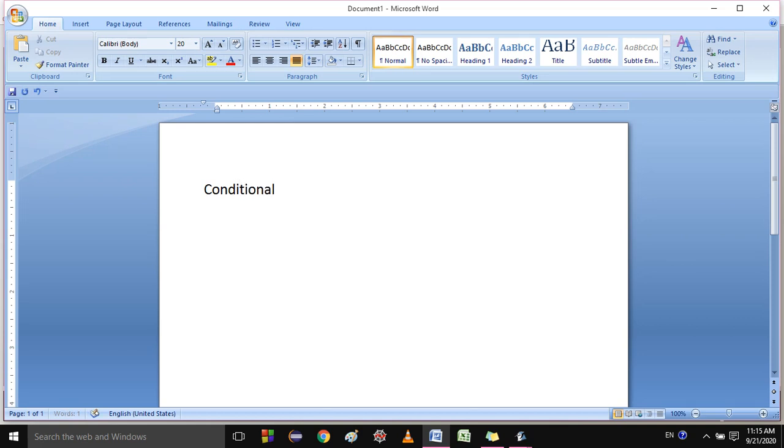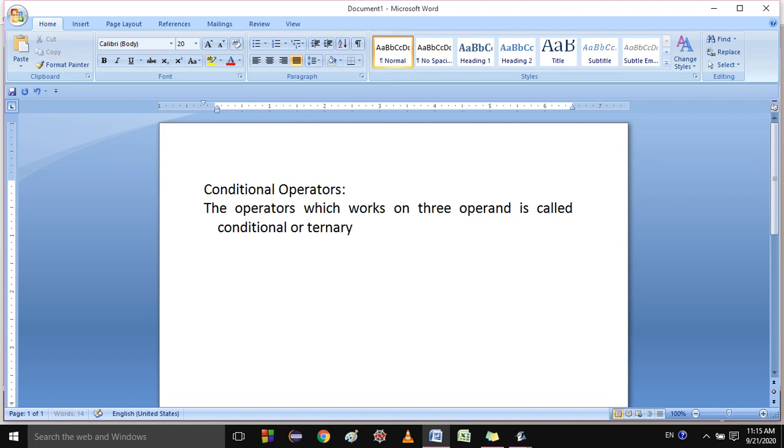It is the operator which works on not more than three operands, and is called the conditional or ternary operator. Okay, so how can you use this one?